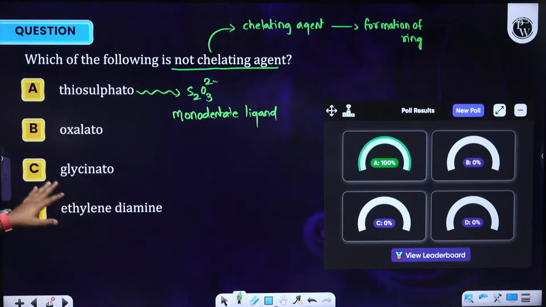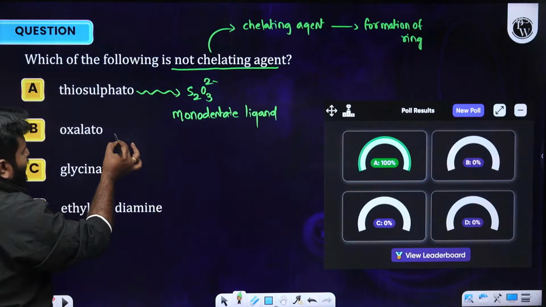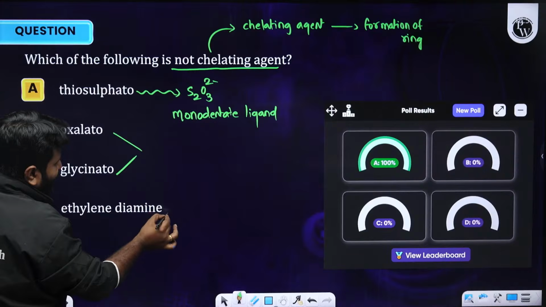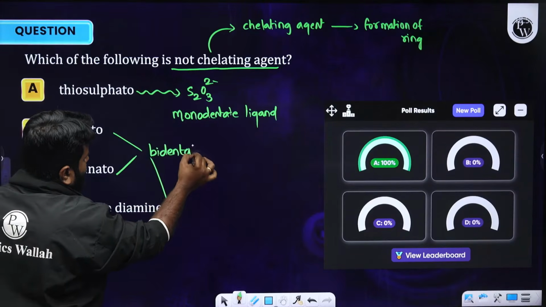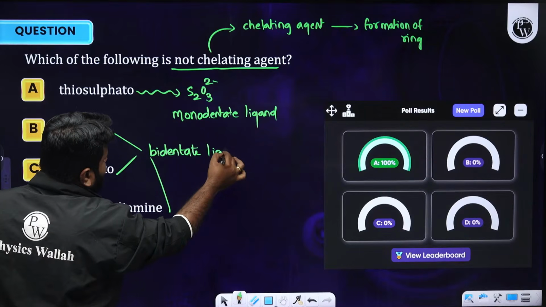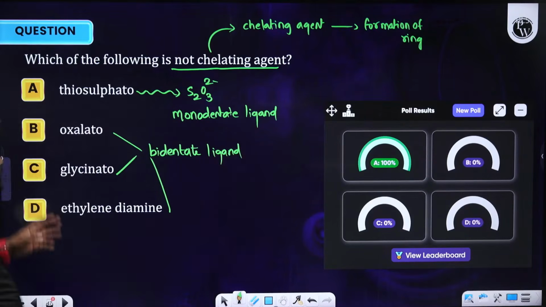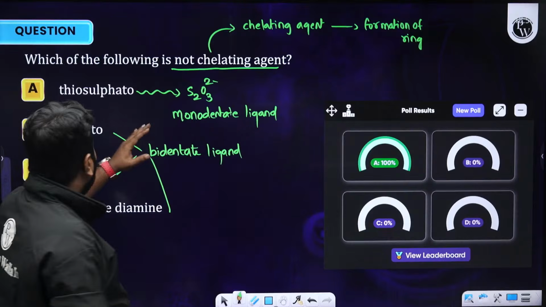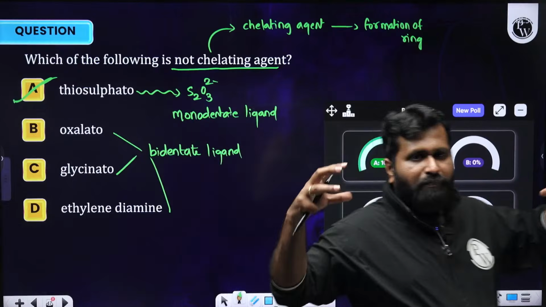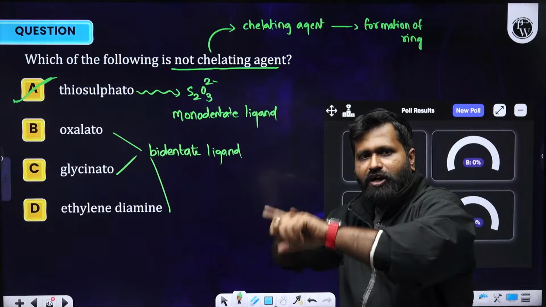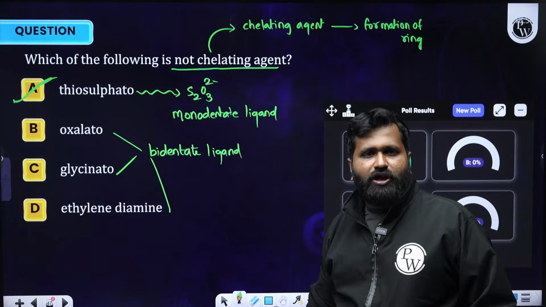So oxalato, glycinato, ethylenediamine, all these three are bidentate ligands. Bidentate means it binds the metal from two binding sites, so automatically there will be formation of a ring. So only option A is the correct answer.